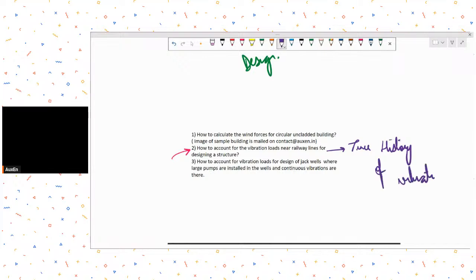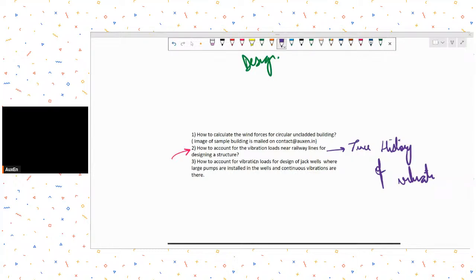With passing time, what is the expected amplitude, that you will have to find out. That time history you apply on your structure, and whatever outputs you get from it, accordingly you will have to design. Of course, then you will have to ensure that the time period of your structure does not create a condition of resonance. So that is the technically correct answer if you ask me what comes to my mind.